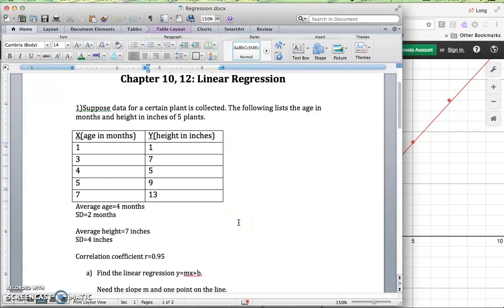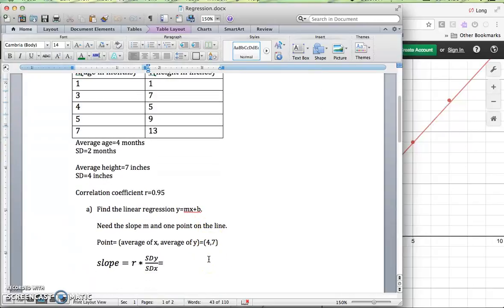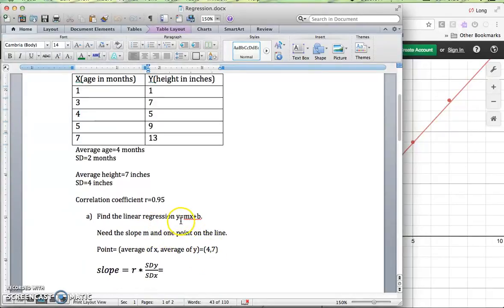So here it is. The linear coefficient is 0.95, and we want to find the linear regression. So here's the first problem. Find the linear regression. y is mx plus b. So we need two things: we need the slope m and a point on the line. The easy part is the point on the line.